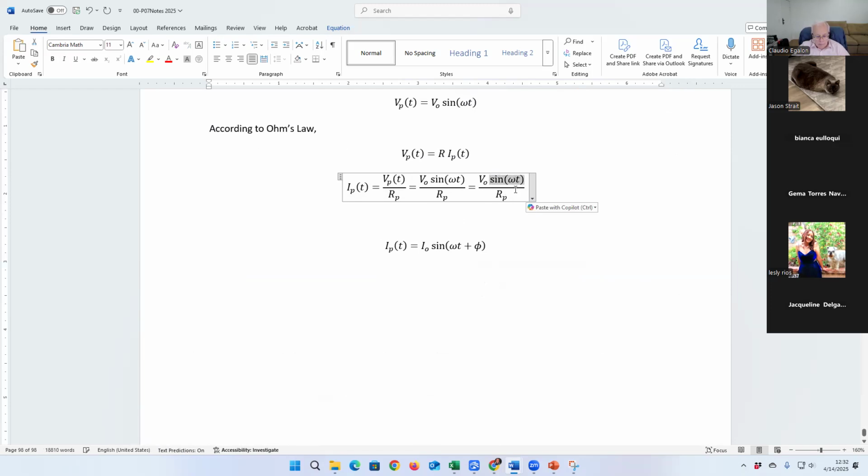Now I'll take out this sine, put it right in here. And this term that you see right here, I'm going to call it I naught of the primary.